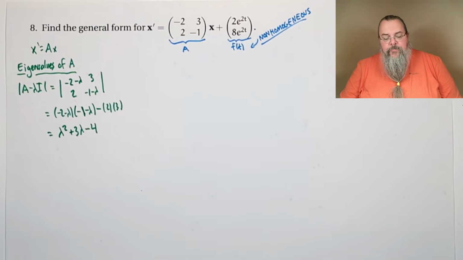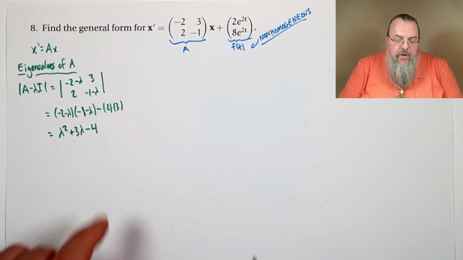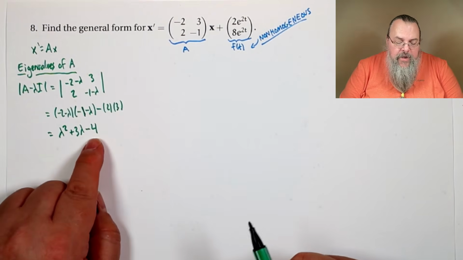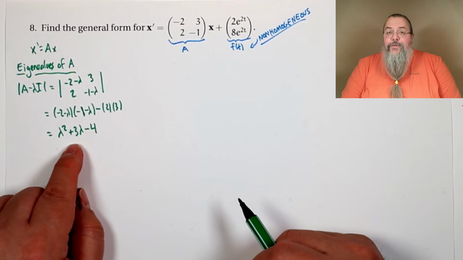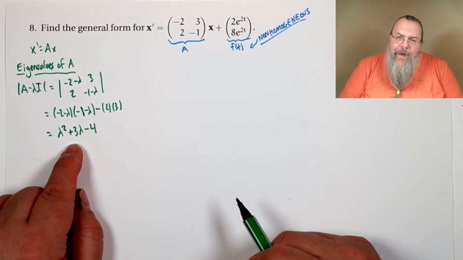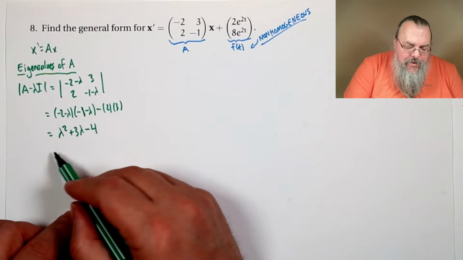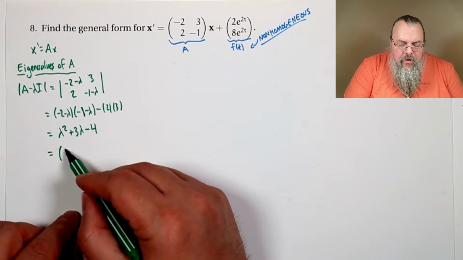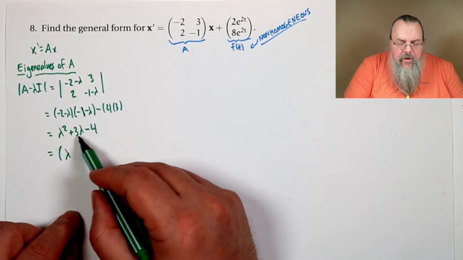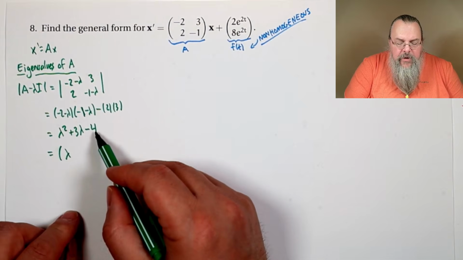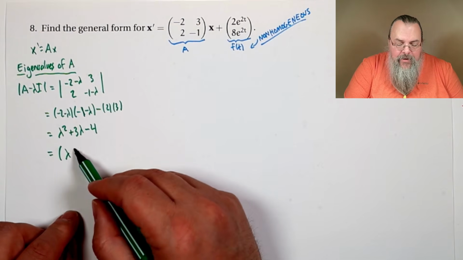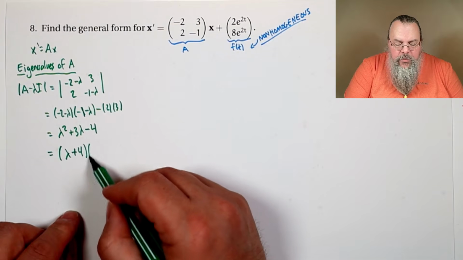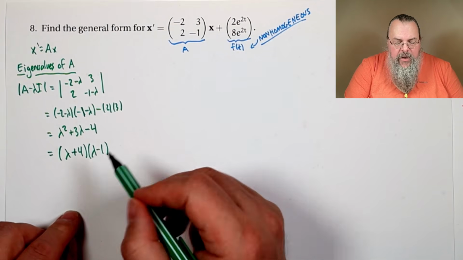All right, so what do we need? Two numbers that multiply together to get minus 4 and add together to give 3. Can we think of that? I think there's some reasonable candidates. So let's try this. 3 is positive, so the thing that jumps to mind is 4 and 1. So I think if we make the plus 4 and minus 1 should work. Let's try it.